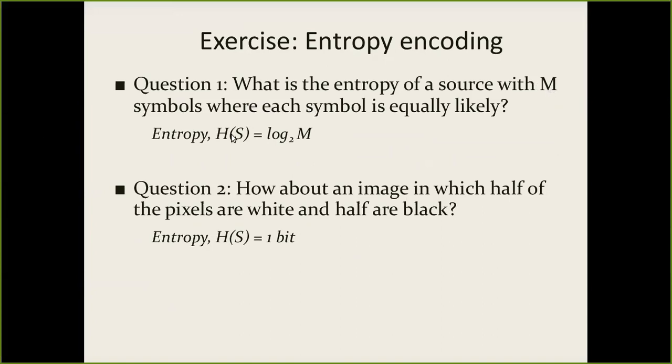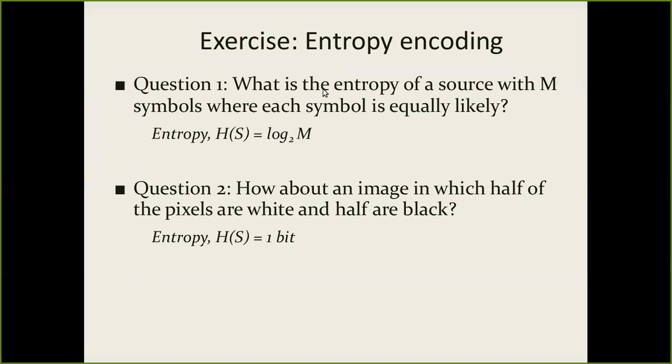So then, rather than using the summation of the probability of occurrence of every symbol multiplied by the logarithm of 1 over the probability of occurrence of every symbol to the base 2, we can only use the logarithm.